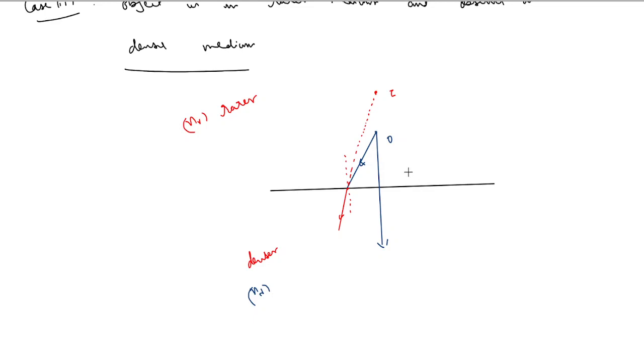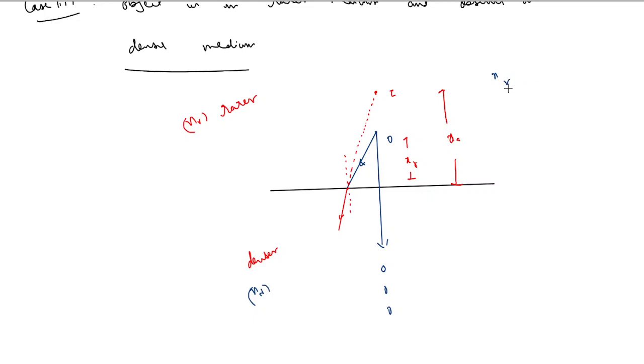So the distance between the boundary and this O is called x real. The distance between the boundary and the image is called x apparent. Now even here observe carefully that it doesn't matter where the observer is, whether somewhere here or somewhere here or somewhere here. But what would matter is the effective distance between the image or the object and the observer. So in this case, we need to find x apparent here. We'll first find x real.